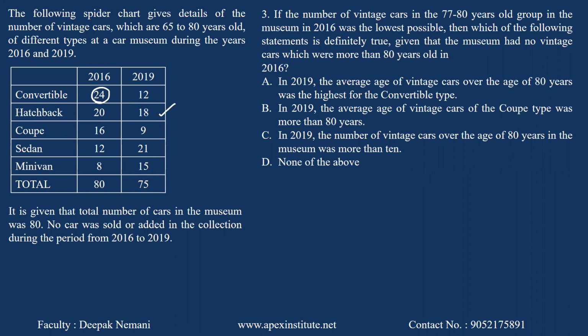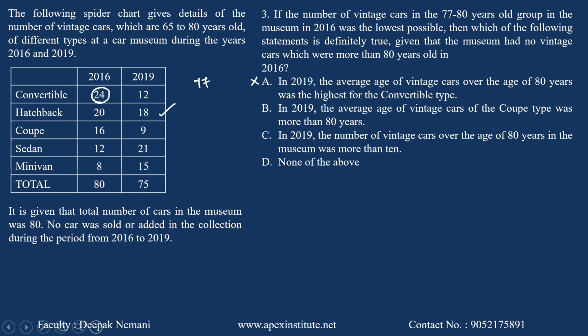So in 2017, they were decategorized from vintage cars. Then the average would be 79 years. Now, if these 12 cars are 77 years old, then the average would be highest for hatchback, not convertible. So this cannot be inferred for sure.